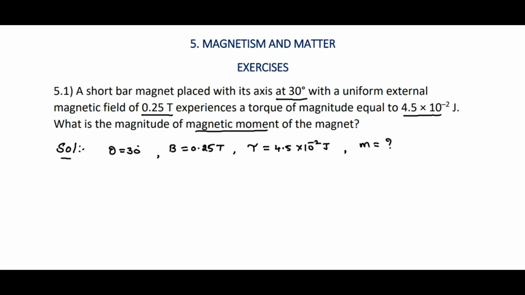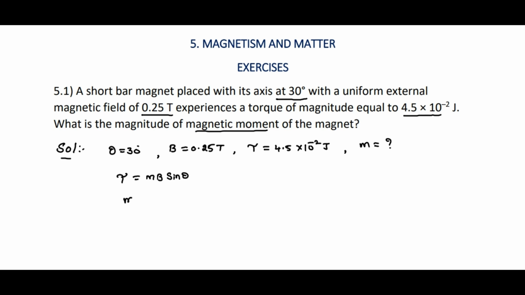So magnetic moment in some of the books will be represented with small m, in some of the books with capital M. The choice is yours. And we have tau is equal to mB sin theta, the relation between torque, magnetic moment and magnetic field.